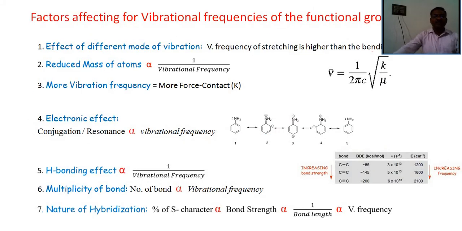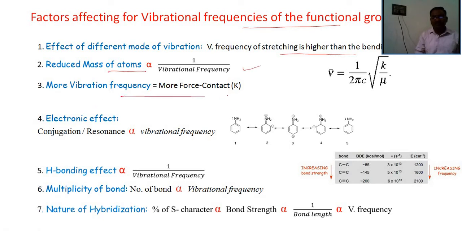What are the factors affecting the vibrational frequencies of the functional group? First, the effect of different modes of vibration: the frequency of stretching is higher than bending. Reduced mass of the atom is inversely proportional to vibrational frequency.